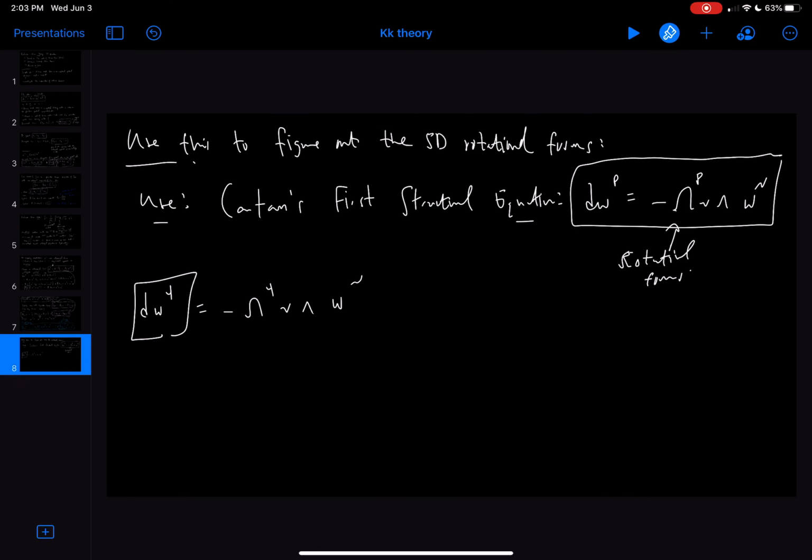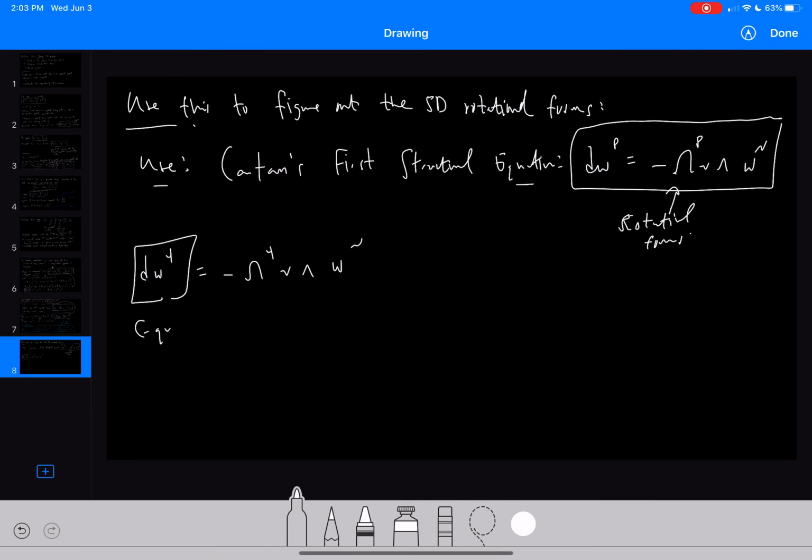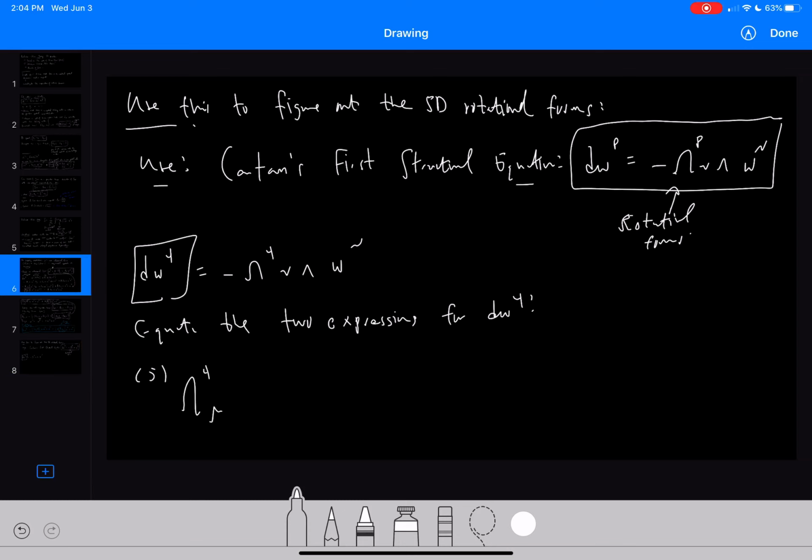If you equate the two expressions for dW^4, what you get is that the 5D form, it's pretty easy to work out, is just given by omega^4_mu is equal to the log of phi, mu W^4 plus 1/2 phi, and once again the Faraday tensor is there, W^alpha.